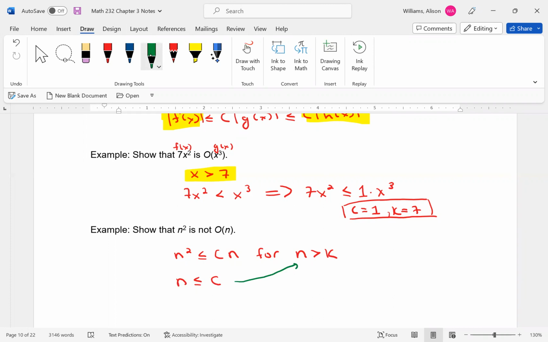So if I say that n is bigger than 4, and then later on I say n can't be bigger than or equal to 5, well, that's a problem because I'm already saying that this happens anytime. When n is bigger than k, this statement holds. Well, this statement ended up producing something that put an upper restriction, which is problematic. That's a contradiction. So that won't work.